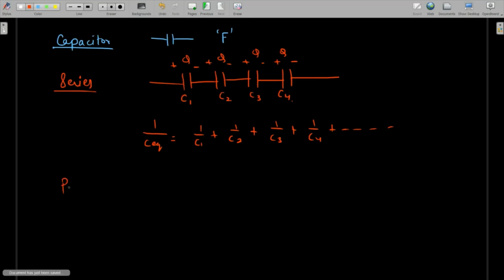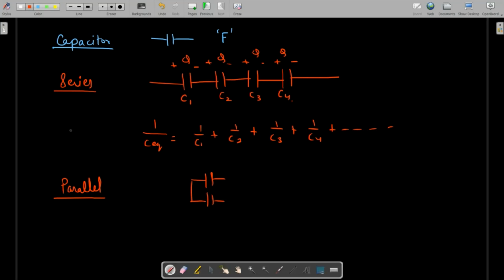While if we talk about the parallel connections, the parallel connections look exactly the same even for the capacitors as well. So as far as the looks are concerned, it also looks like a ladder. And just like resistances, the capacitors when connected in parallel will have a different charge.